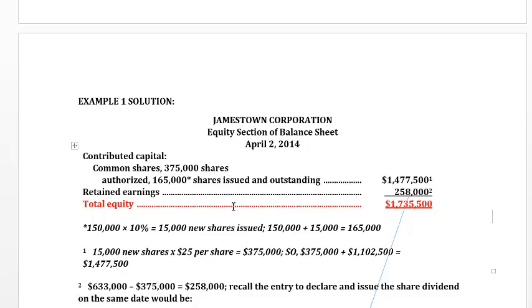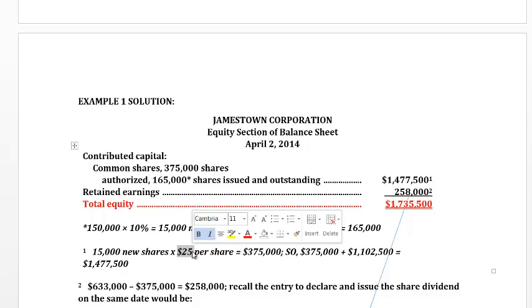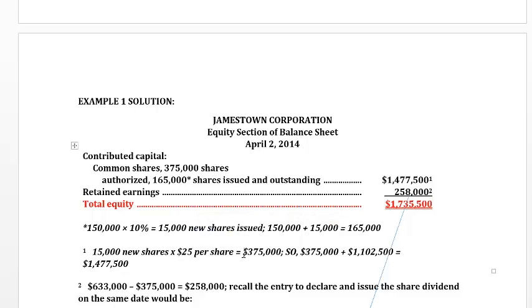So what would happen when we issue the shares? What we said in our previous class was that we issue the new shares based on their market value. So we take the 15,000 in new shares, multiply it by $25 a share, which is the market price of the shares at declaration date. And then we're going to get $375,000 of new equity.